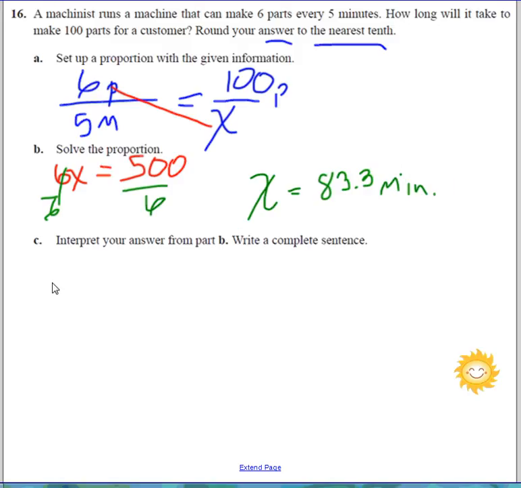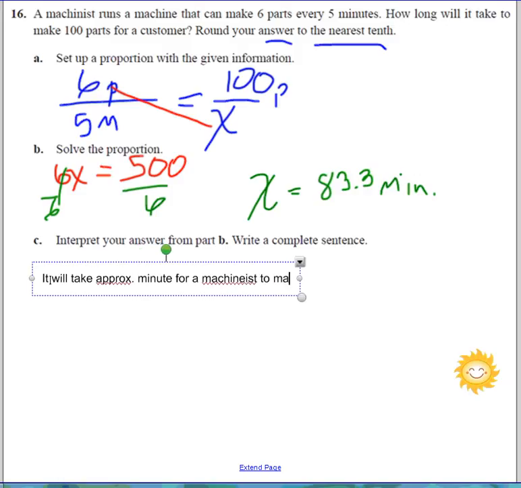And so again, interpreting our results says that it will take approximately, and I say approximately because we rounded it just a tad, minutes for a machine to make our 100 parts.